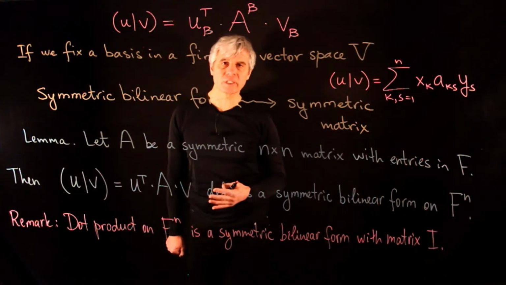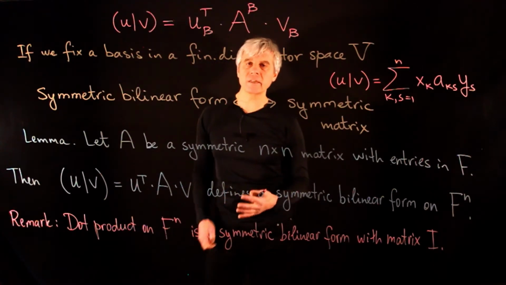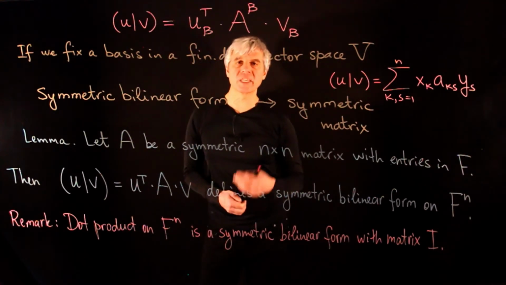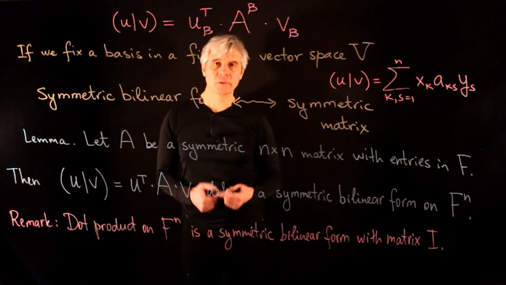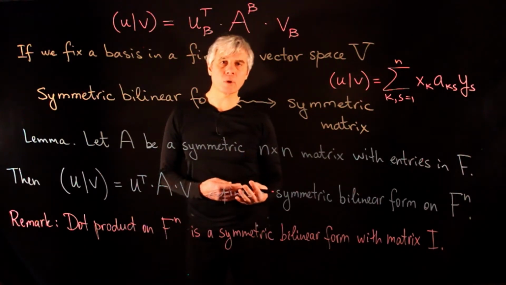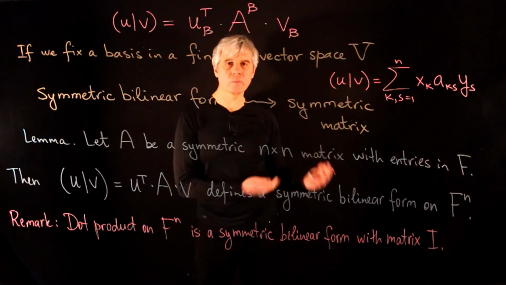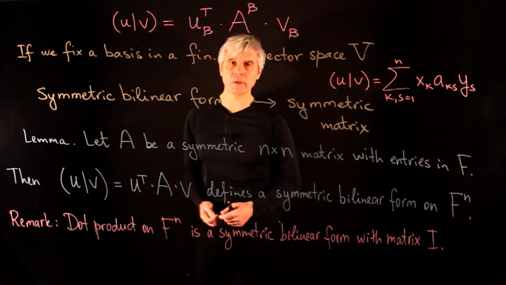In our discussions, we will often consider symmetric bilinear forms given in addition to the standard dot product on the space Rn. So that is, we will be studying two bilinear forms at the same time. One which is the standard dot product and another which is a given bilinear form.